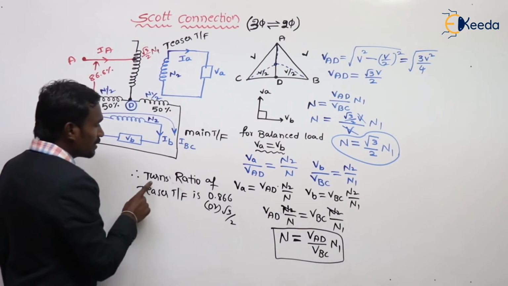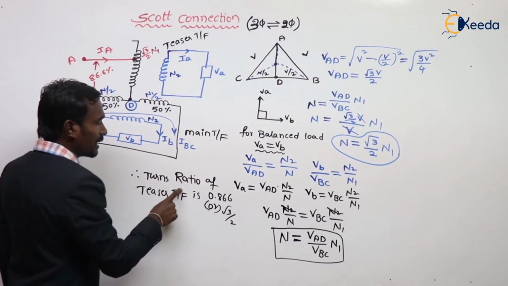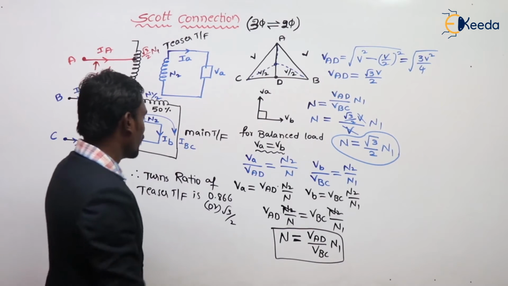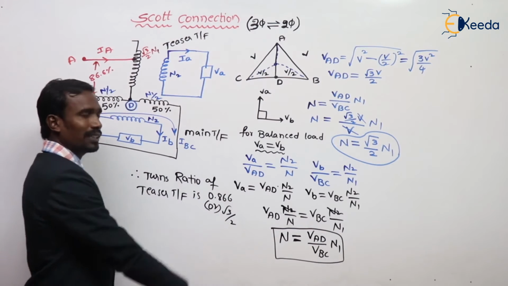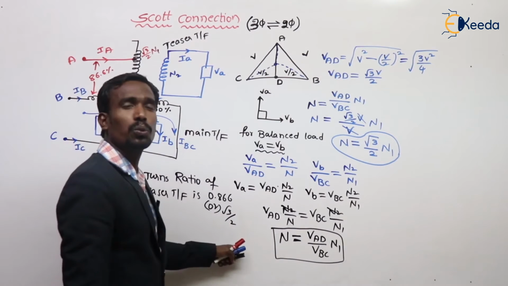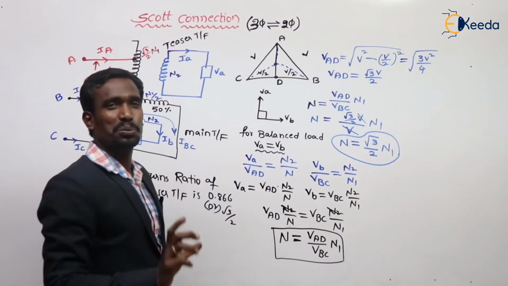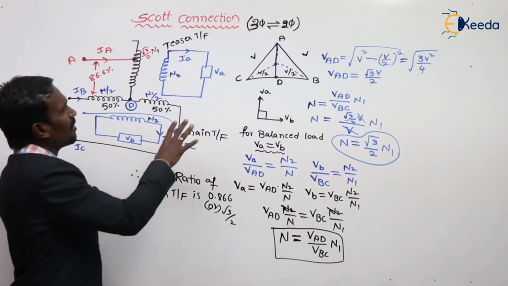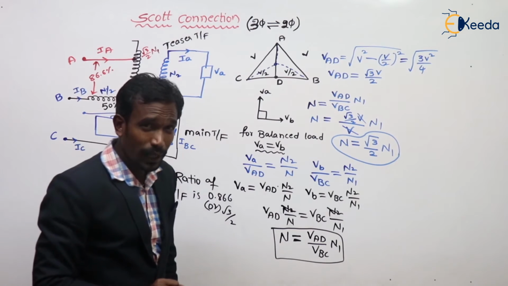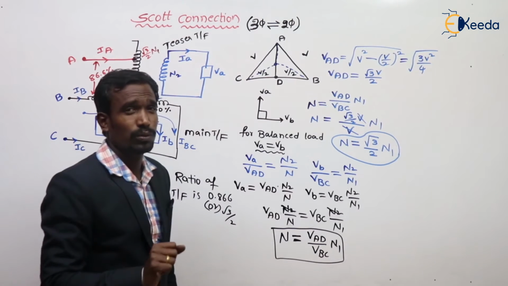Hence, the turns ratio of teaser transformer is 86.6%, nothing but 0.866 or root 3 by 2. This is up to the Scott connection diagram, just up to the diagram. Are you okay?